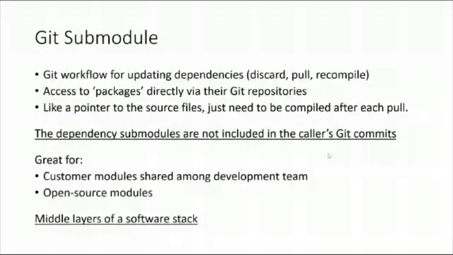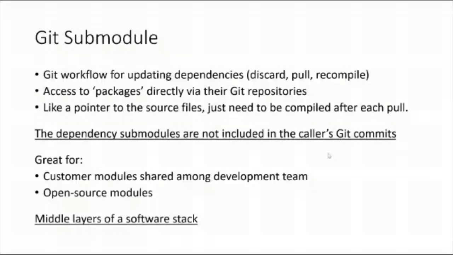This gives us access to these packages directly from their Git repositories. If I want to update a submodule that I brought into a project, I can just do that. This is how we do it most of the time right now with our current tooling: I go to my Git client, SourceTree, the free Atlassian Git client that works nicely with Bitbucket. I can discard those changes, do a Git pull, and boom, I have the new code. I compile and open it, and I'm good.